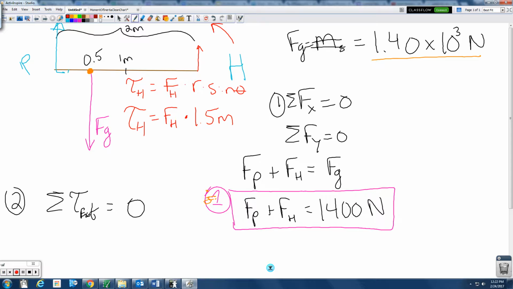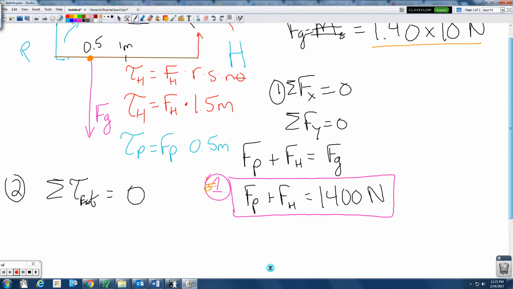And then we have a torque that can be produced by this force of Paul, the blue. That torque produced by Paul is going to be his force times the radial distance, which is just 0.5 meters. So those in red and blue tell us our torques involved.